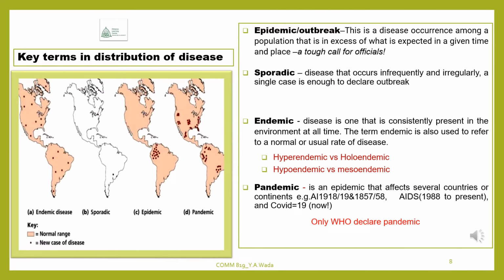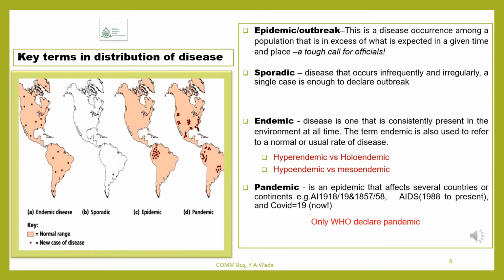So now that we know what epidemiology is, let's review some key terms commonly associated with distribution of infectious diseases. And the first one is an epidemic or outbreak. We say this is a disease occurrence among a population that is in excess of what is expected in a given time and place.